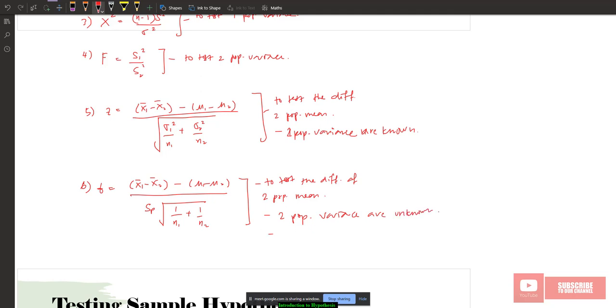Another condition is that the population variances are assumed to be equal, and that n is less than 30, so this is a very small sample. When n is more than 30, we can use that distribution as well.